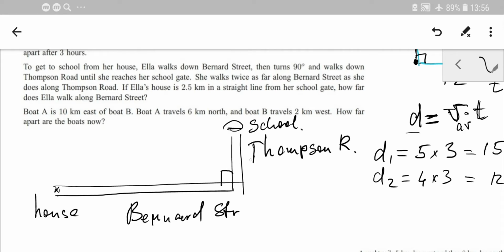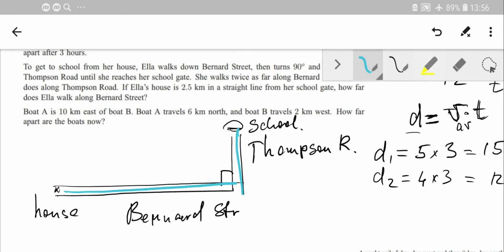This 90 degree turn means her route is simply two segments which are at 90 degrees to each other. She walks twice as far along Bernard Street as she does along Thompson Road.